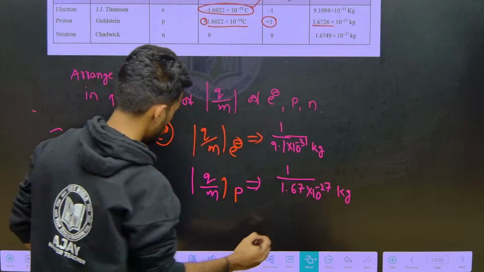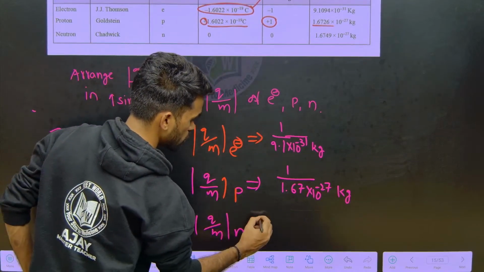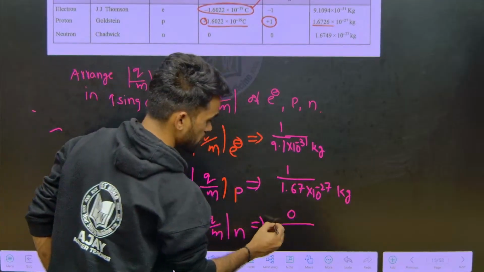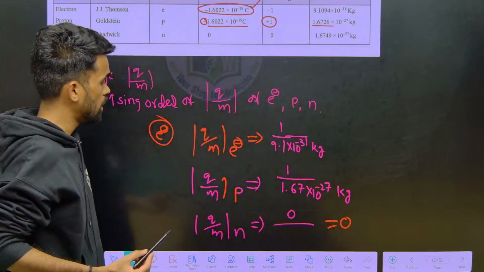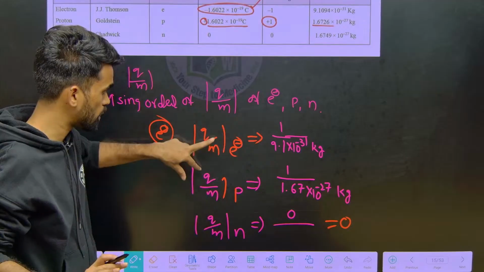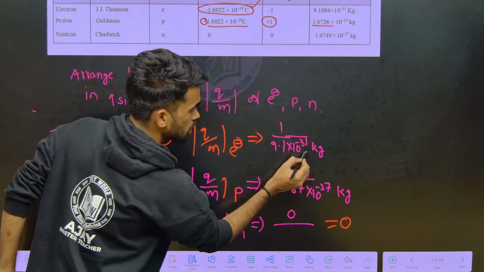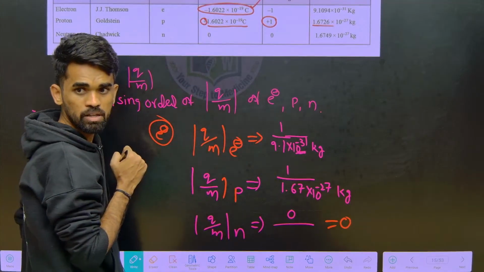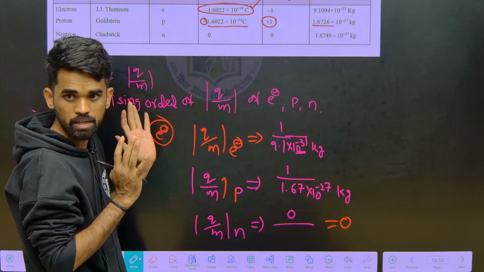Okay, now what about the charge to mass ratio of the neutron? 0 by something, 0 by something becomes 0 only. So we know that for the neutron, the charge to mass ratio is 0. What about these two things? Compare which is the bigger value and which is the smaller value. See, this denominator is the smaller value, therefore I can say the charge to mass ratio of the electron will be big.